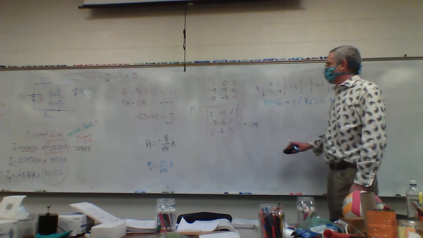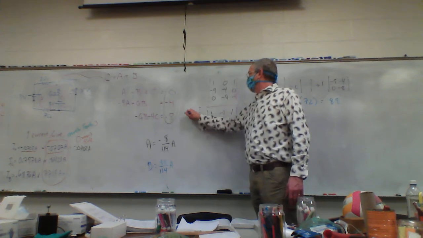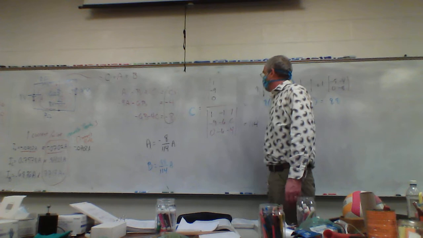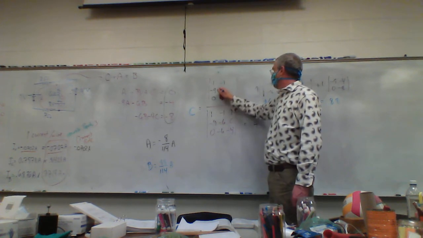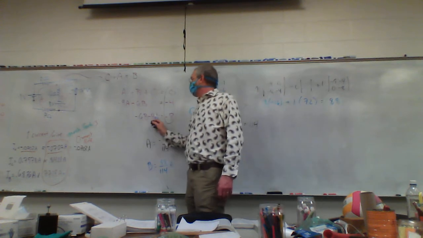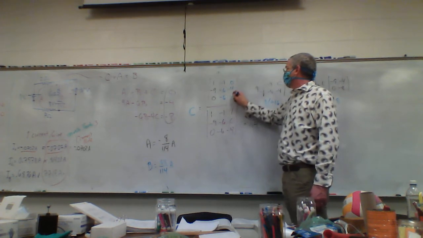All right, so let's do it for C. First column will stay the same. Second column is the same as the denominator. Since C is the third variable here, we will replace that with 0, negative 4, and negative 8.